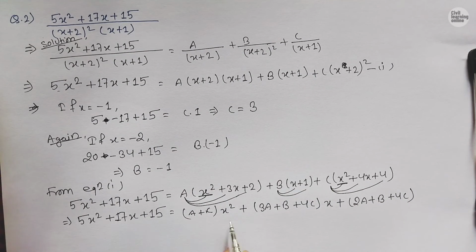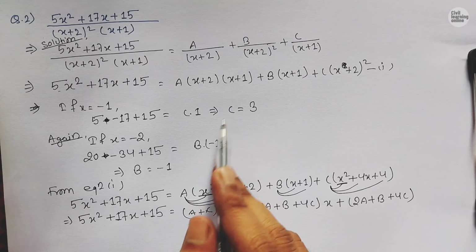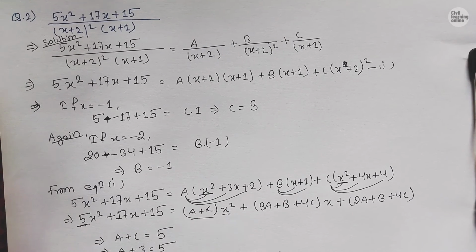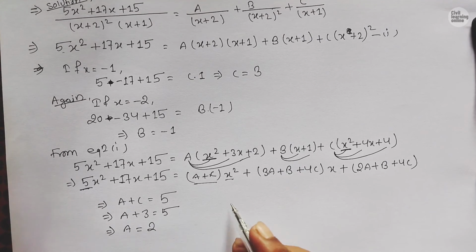Now on equating the coefficients of both sides, we have already got the value of c and b. If we compare the coefficient of x squared, a plus c equals to 5, and we have got the value of c, that is 3, so a plus 3 equals to 5. Now from here we can calculate the value of a equals to 5 minus 3 equals to 2.